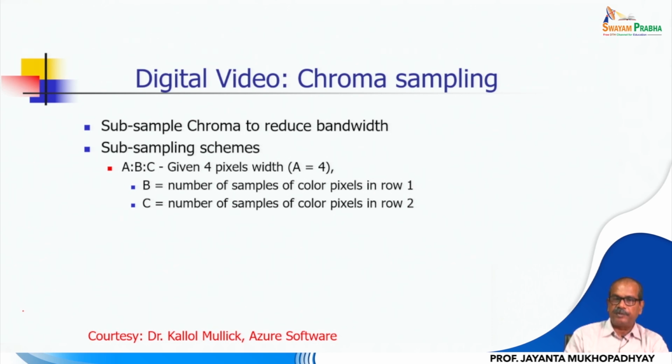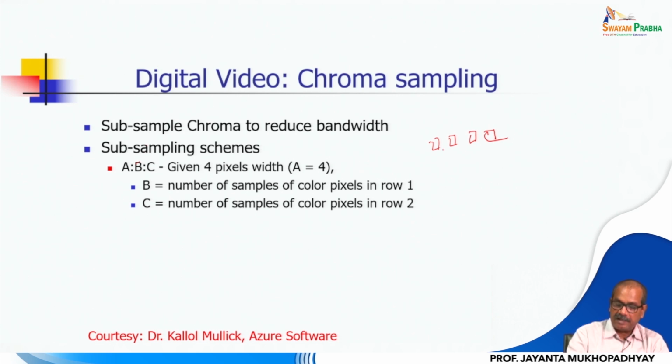Suppose you have 4 pixels width in a row. A is the 4 pixels, so naturally luminance would be there in every pixel. Then the scheme is A to B to C, where B is the number of samples of color pixels in row 1.